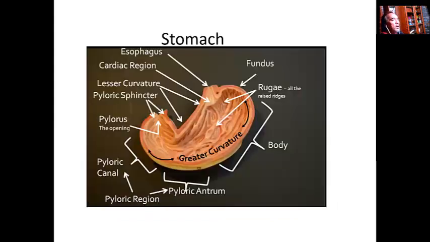Now, this is another picture of the stomach. So we've got your fundus region, body, cardiac region, and pyloric region. The esophagus connects with the stomach in the cardiac region, and we call that the cardiac sphincter.